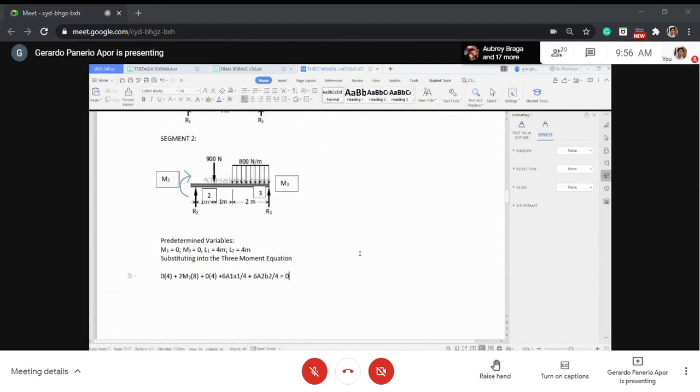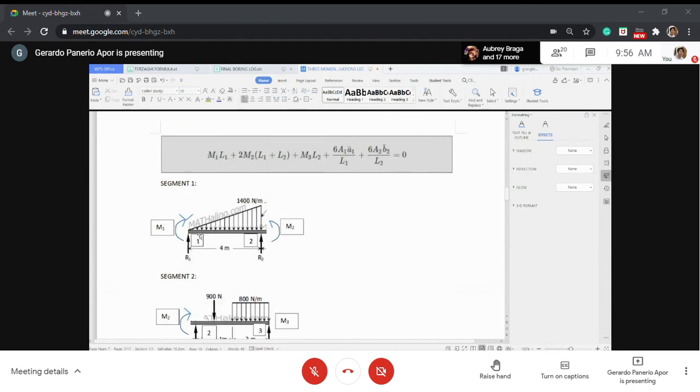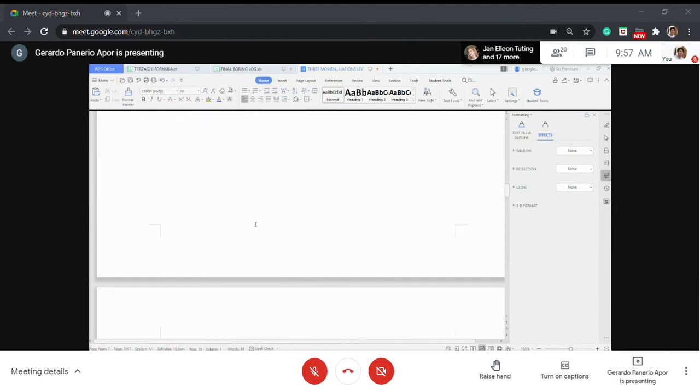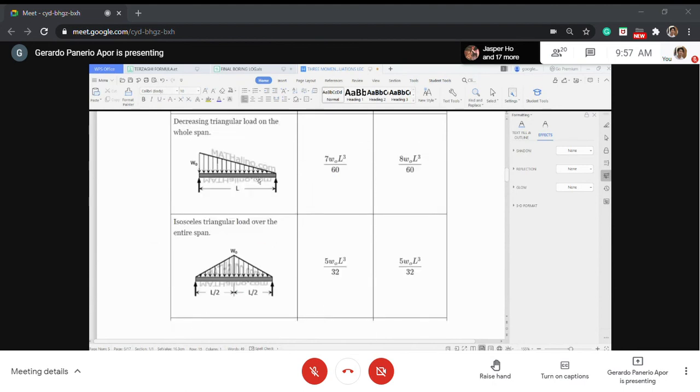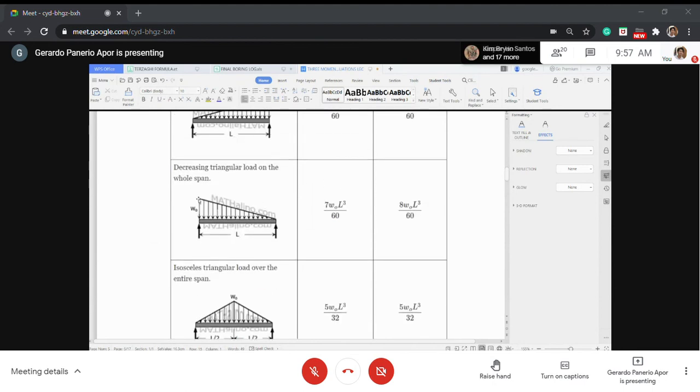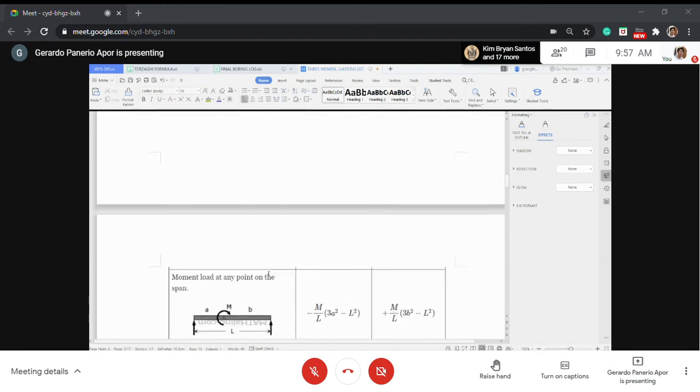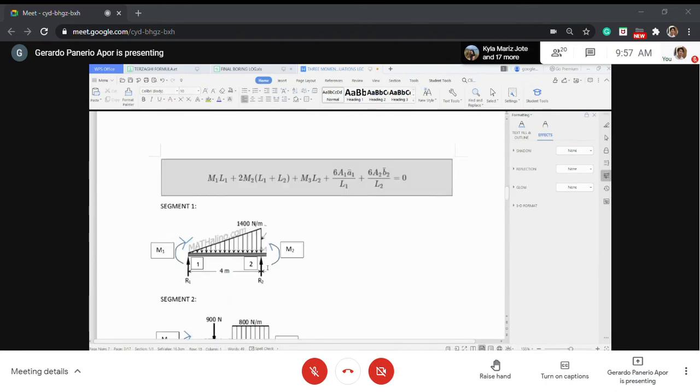Okay? Now, for the first segment you have a load like this. Now, we are going to look for the value of 6A1 bar over L1 for this figure. I am going to move forward and look for the type of loading. But this one is from maximum to minimum, so this loading is reversed.